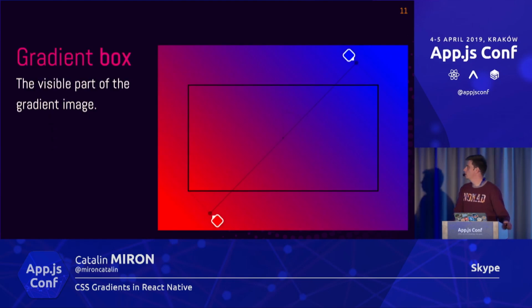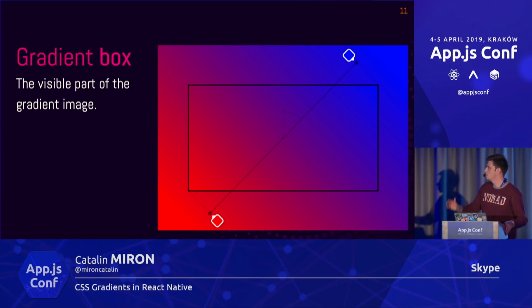How does gradient work on web? It's not pretty simple, but it's simple enough, so I'll just show you the bigger picture. I'm not going to go into super deep problems, but unlike the original background image, the gradient, because gradient is a background image on the web, doesn't have a finite dimension.